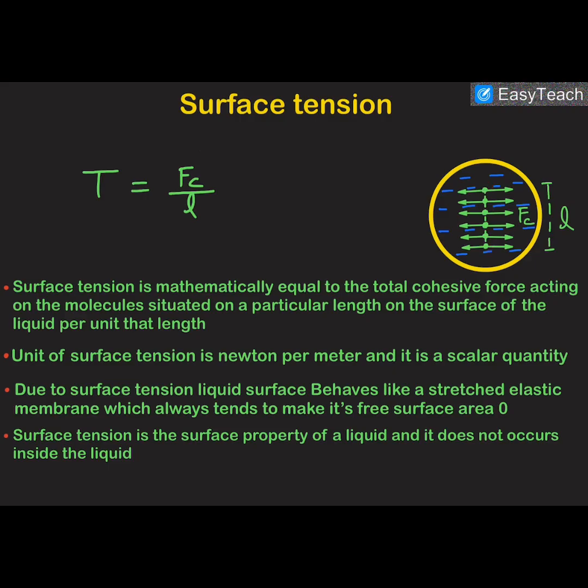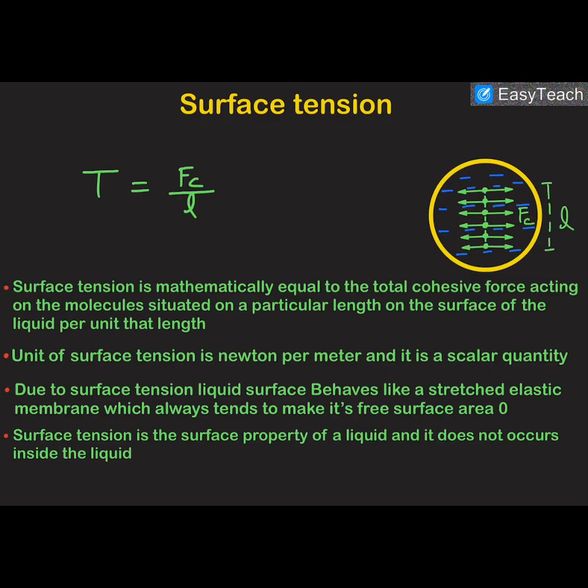We all know that the net force acting on these molecules on the surface is zero, but obviously some force is acting on them in the downward direction. So if we consider the forces acting along the surface on one side, let us consider that the cohesive force acting on all these molecules on this side only is Fc.